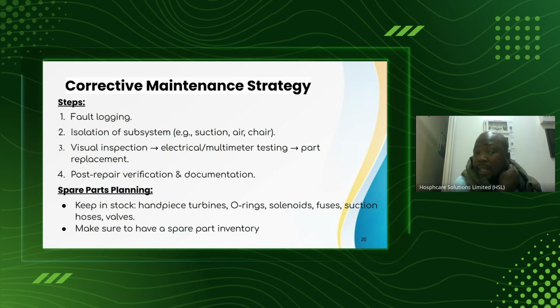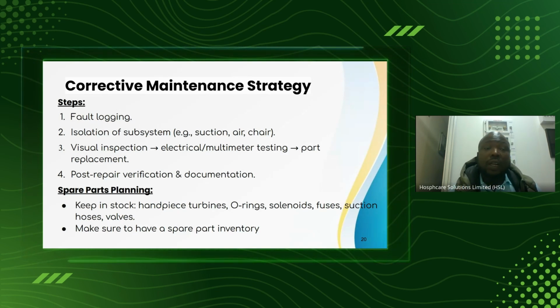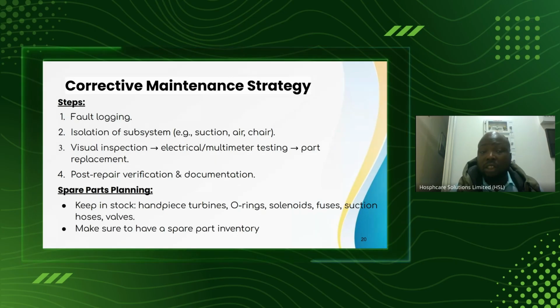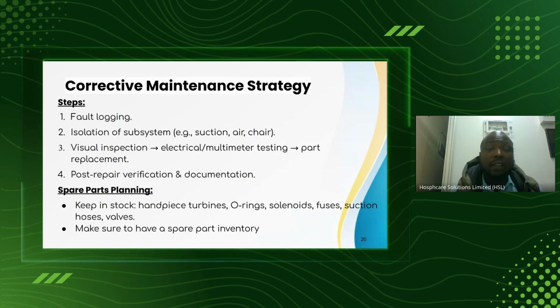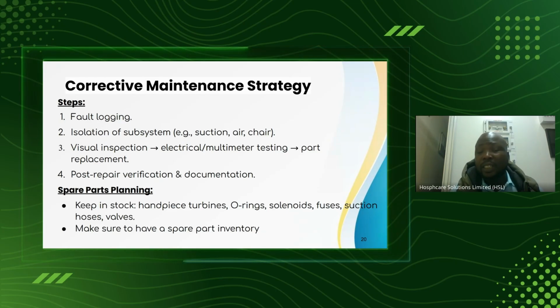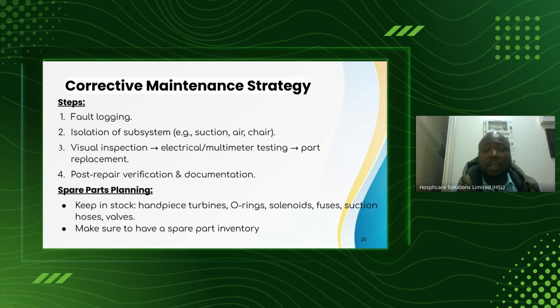You can purge the airline, you can clean the suction, disinfect the suction, remove the clog. You can also do a visual inspection, for example if there's anything carbonated on the electrical board, or you can do testing with your multimeter and do part replacement once you realize there's something faulty.